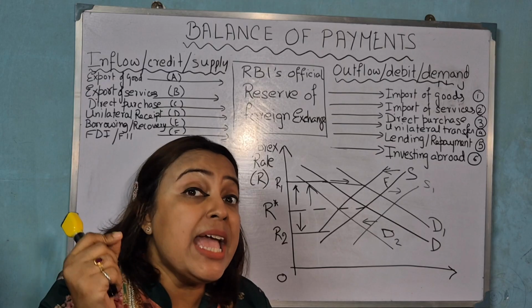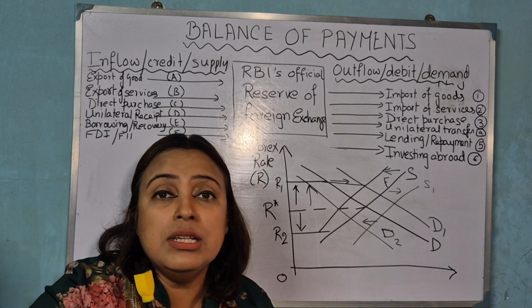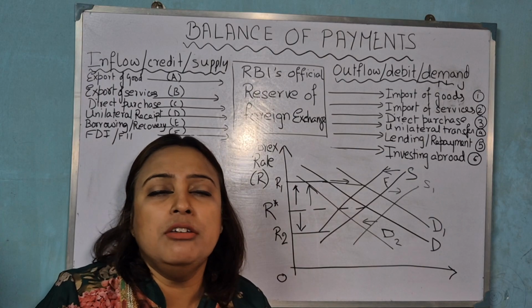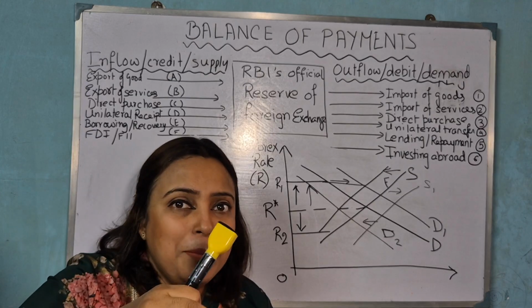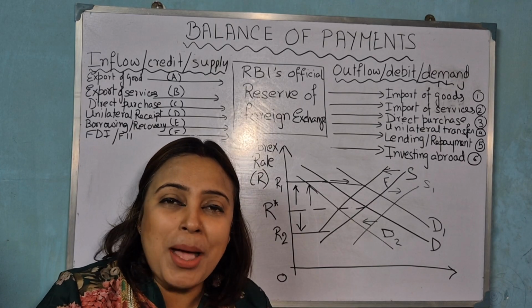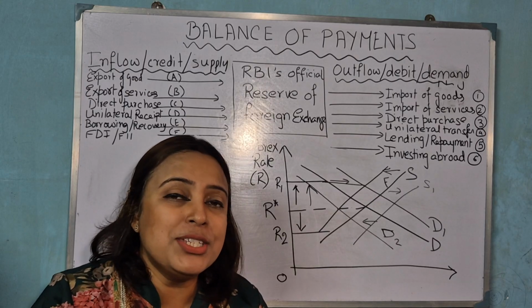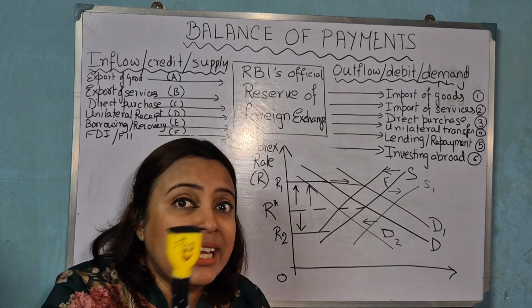So when RBI actually intervenes in order to keep a check on this constant and persistent fall in the value of the rupee, a hybrid of fixed exchange rate is also happening, because RBI is actually intervening in the process. This is called managed floating or dirty floating, which China does.